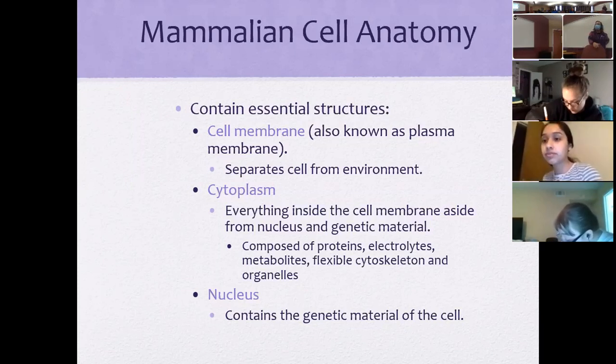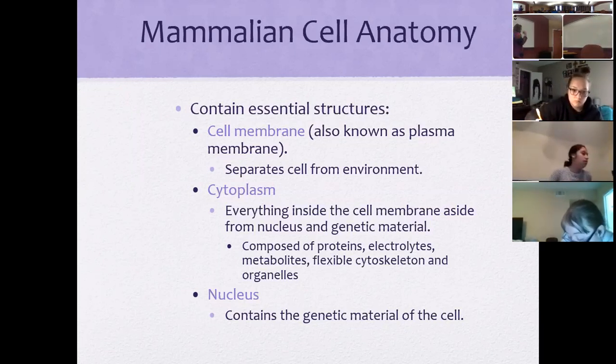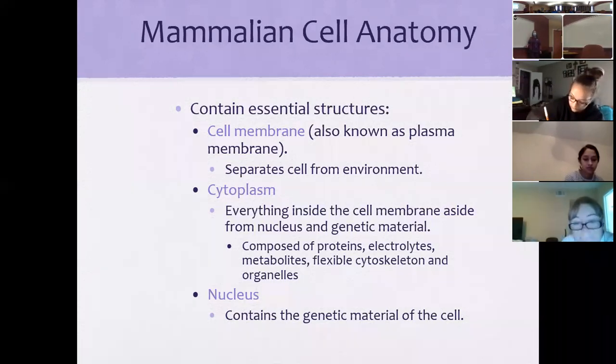So those are the basic common features of all of our mammal cells. It does not matter if you are a cow, a goat, a dog, a cat, a person. All of these features are going to be the same. They might look slightly different, they may function slightly different, but ultimately this is what makes up a mammal cell.